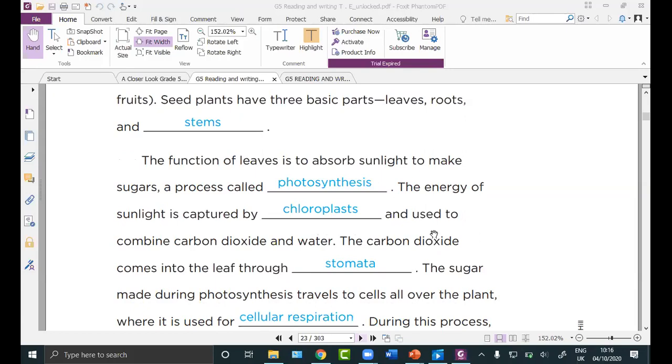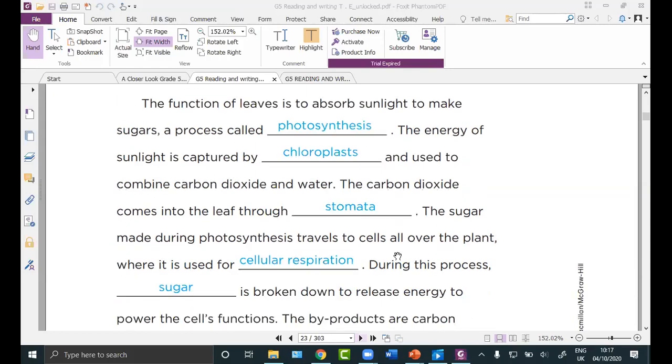Cellular respiration. Okay. During this process, sugar is broken down to release energy to power the cell functions. The products are carbon dioxide and water. Thank you.